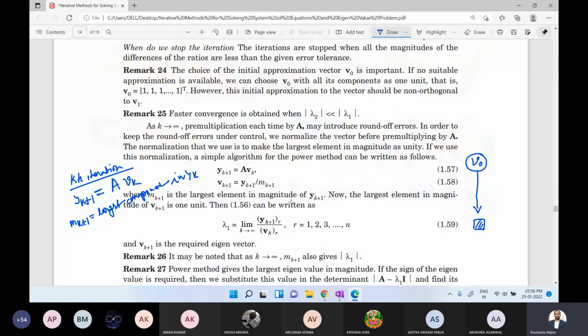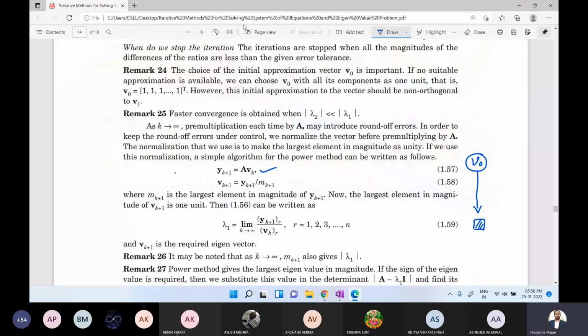So you see it is written here. I do not want to overwrite. So you see, you are choosing an initial guess V0, then at the kth iteration you are getting Yk plus 1, which is the pre-multiplication of the vector Vk by the matrix A. Then Vk plus 1, the new vector.